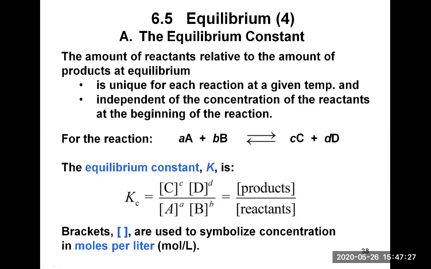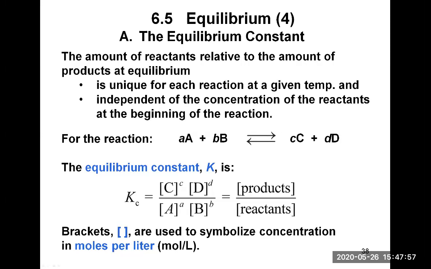And c here refers to the fact that we are using concentrations in moles per liter. The brackets here around the formulas of the product and reactant symbolize concentration in moles per liter. It's the convention in chemistry that brackets mean concentration in moles per liter, so molarity, right?